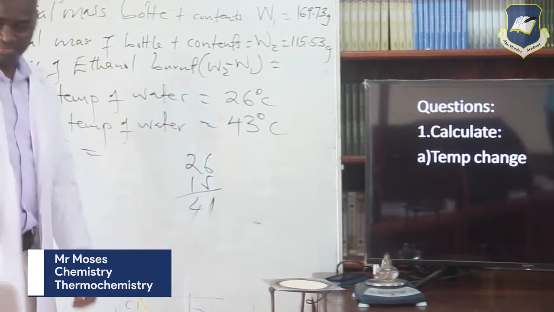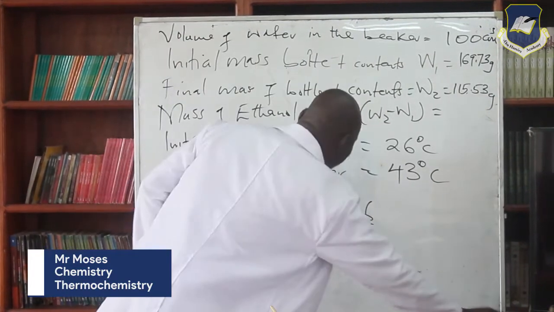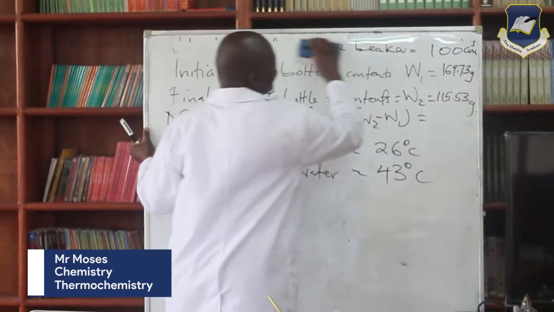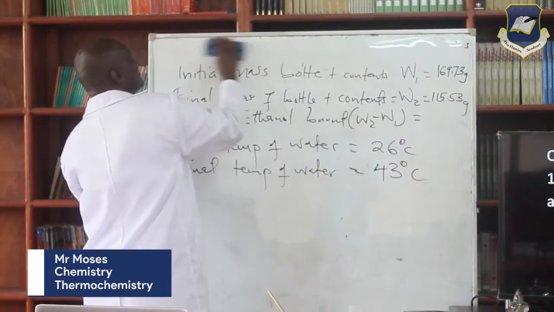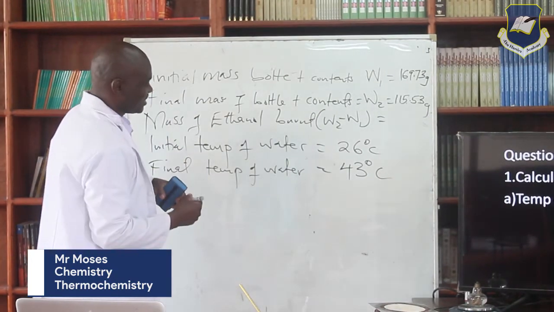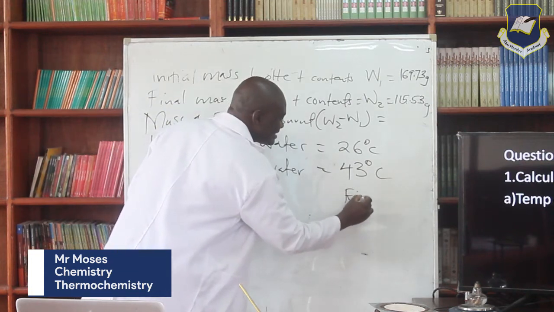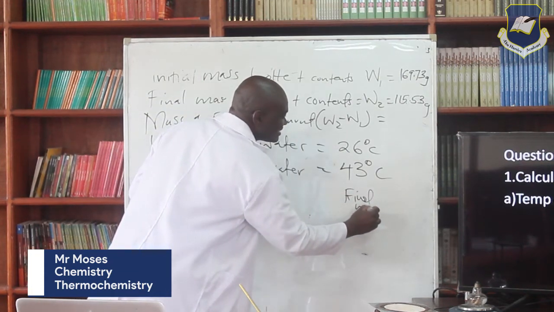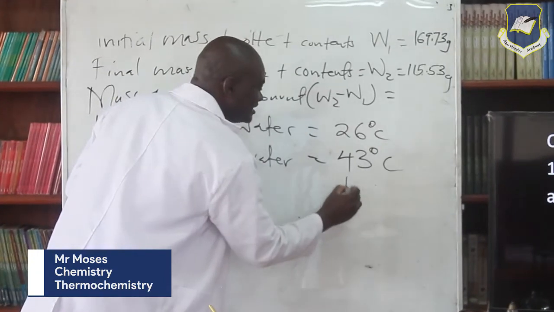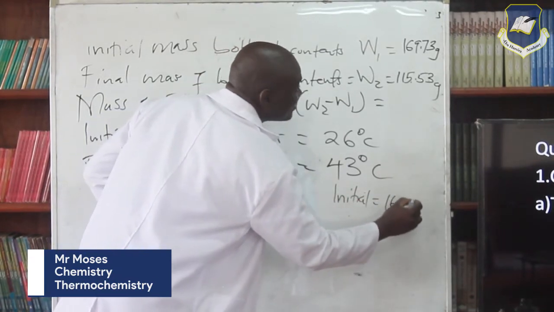Now, the first question, we are told to calculate the temperature change. That is our first question. So I'm going to note down our initial mass to be 169.73.